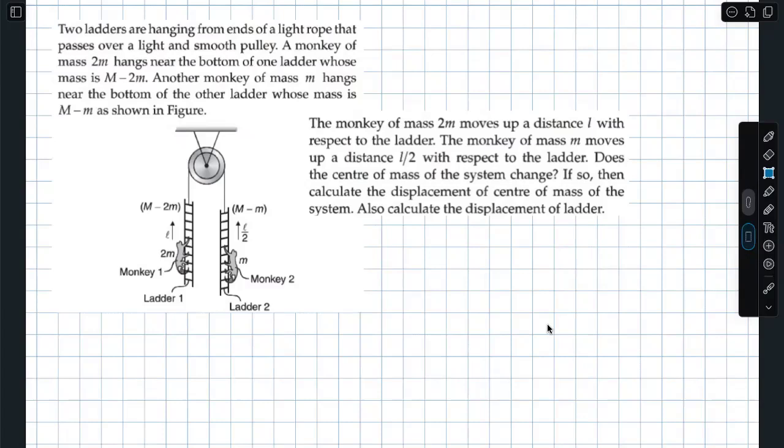The monkey of mass 2m moves up a distance L. One observation here: with respect to the ladder, the monkey of mass m moves up a distance L by 2. Now the question we need to find very carefully.